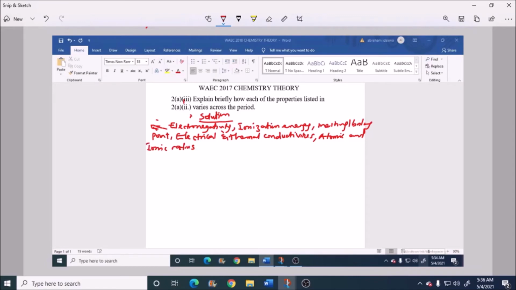So we were just asked to explain briefly how these properties listed vary across the period. And don't forget that we were just asked to explain briefly only 3 of them.